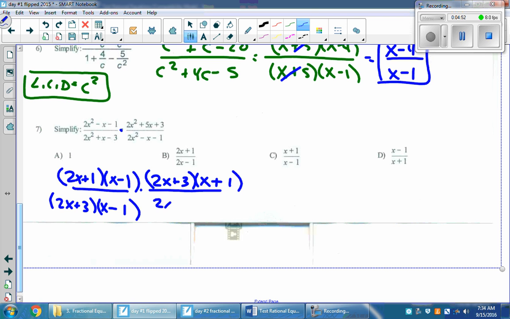And the last one is 2x, x, 1, 1, we need a -1, that. So now it is completely factored. Now we just have that little canceling. Great, almost x plus 1 over x minus 1. You cannot cancel them. Look at that. That is our answer. Choice C.